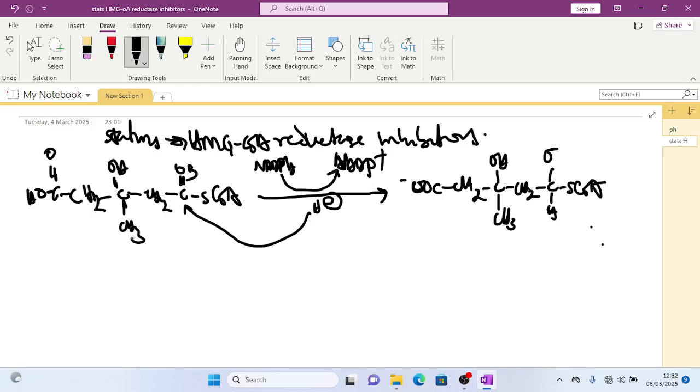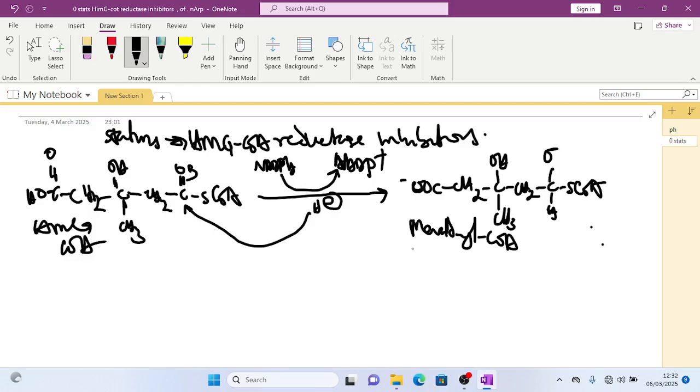And then this is HMG-CoA, and due to the first reduction we get mevalonyl-CoA, right?